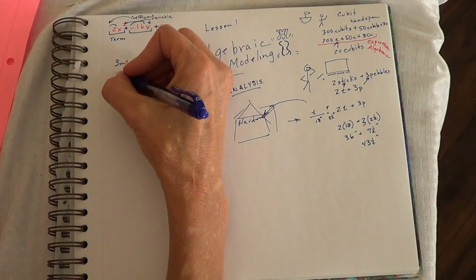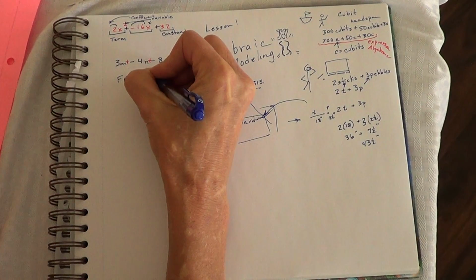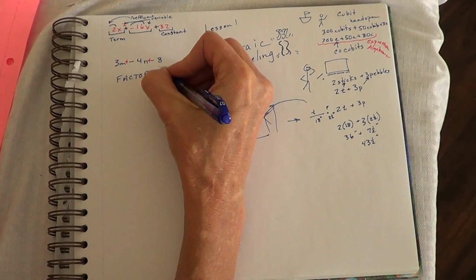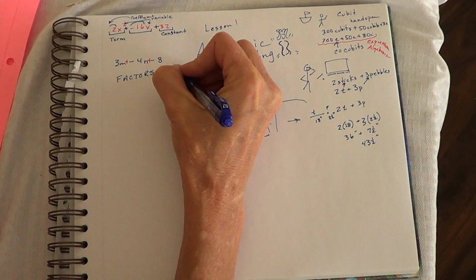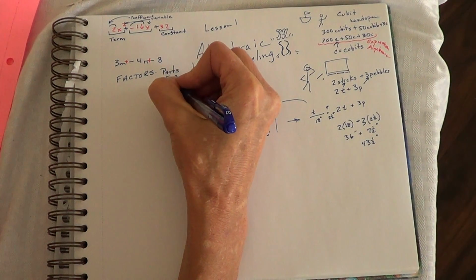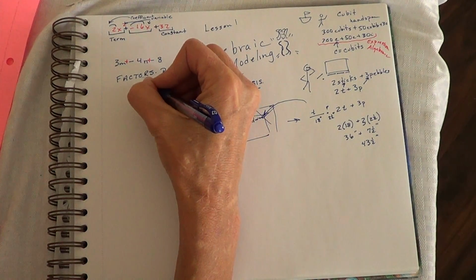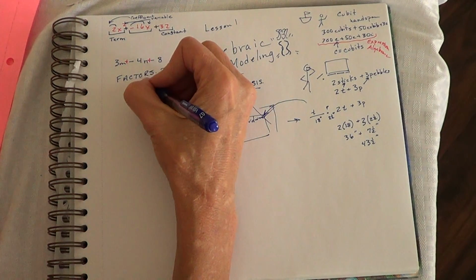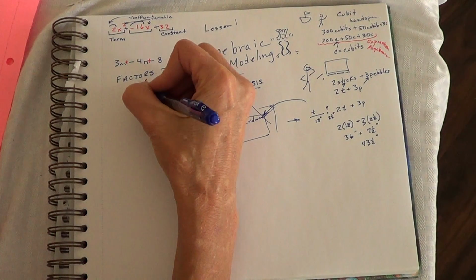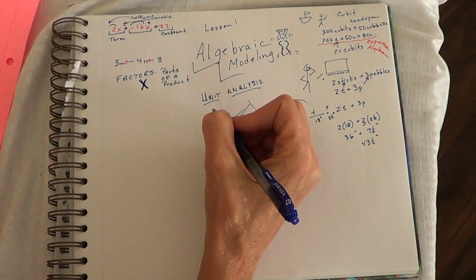Okay, so now I want to explain factors. A word that you should be familiar with: factors are parts of a product. In other words, they are multiplication.